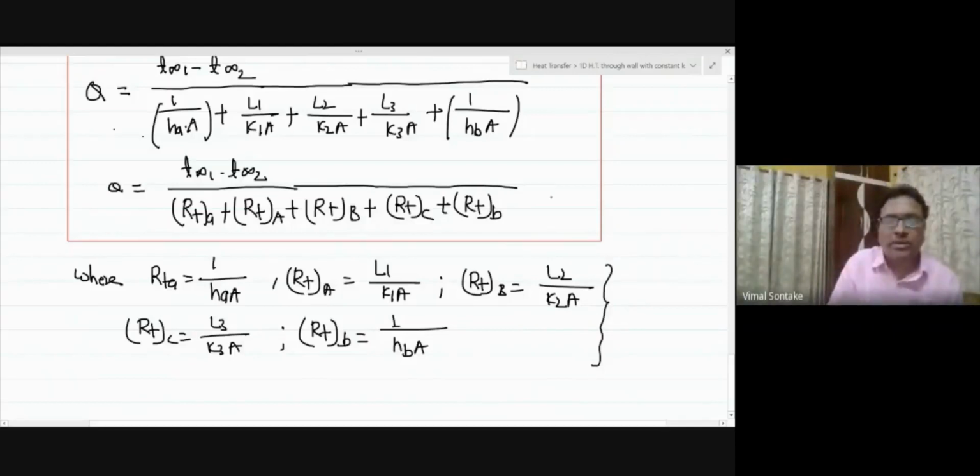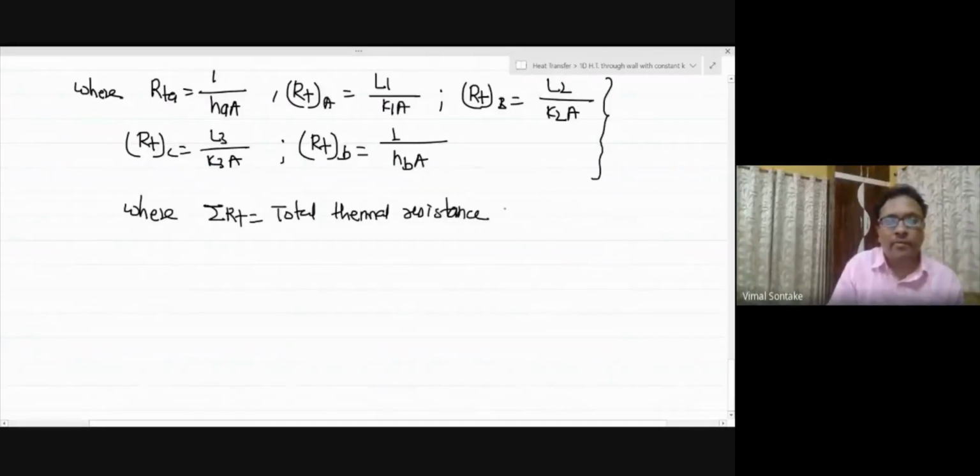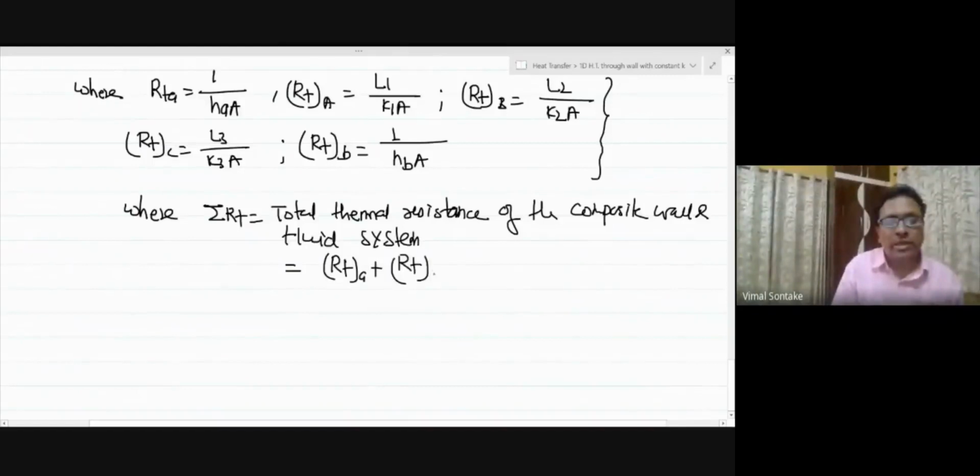And this can also be written as T infinity 1 minus T infinity 2 over summation of R_T, where summation of R_T is equal to the total thermal resistance of the composite wall and fluid system, equal to R_T a plus R_T A plus R_T B plus R_T C plus R_T b.